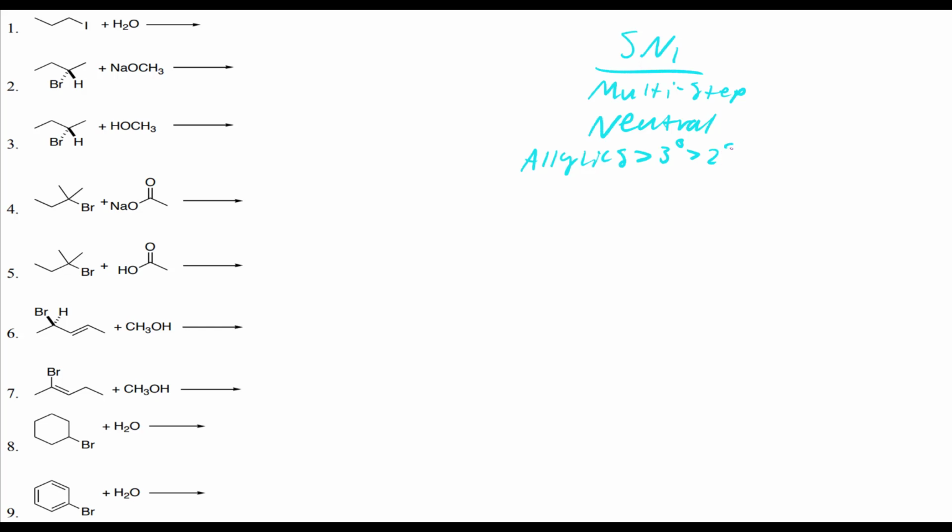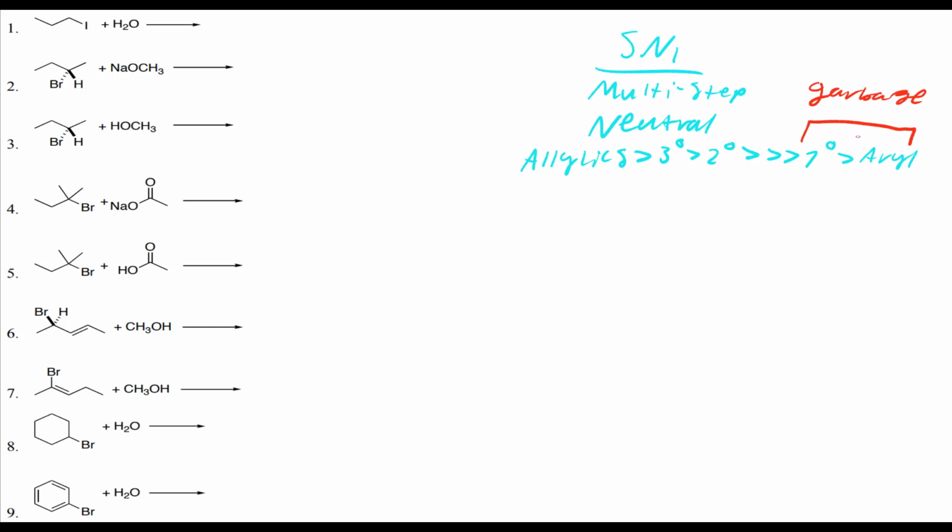Secondary is going to be good too, but it's really better than primary, and that's a lot better than aryl, right? So again, over here, primary and aryls, well, those are garbage. So that's garbage, and those never react in SN1, right?